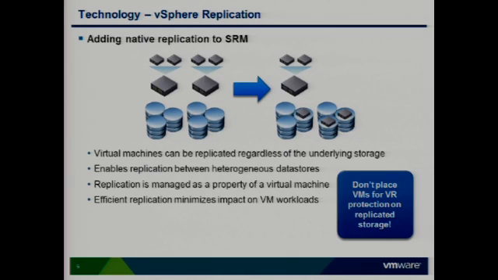So vSphere replication works as a combination of technologies. It's embedded directly within the ESXi 5.0 hypervisor, and it is called upon and orchestrated by SRM to offer this other means of protecting our virtual machines and replicating them from one site to another. It is irrelevant what the underlying storage is. vSphere replication operates at a SCSI filter level.